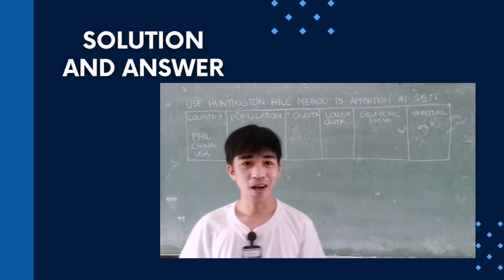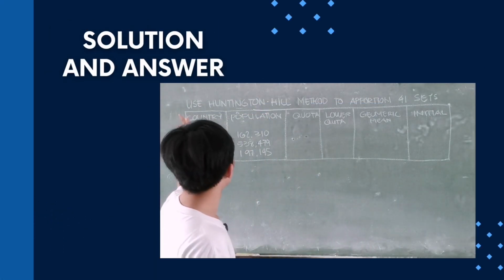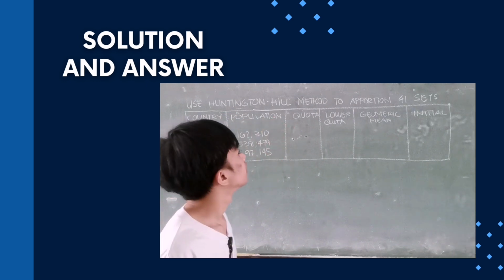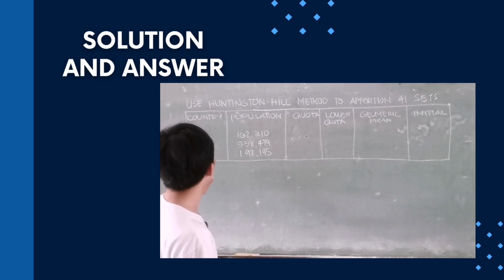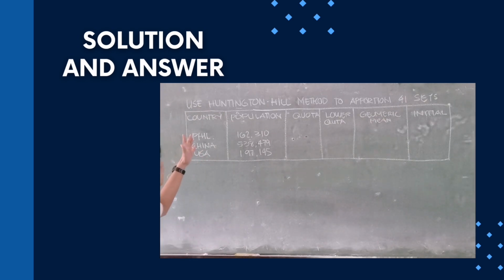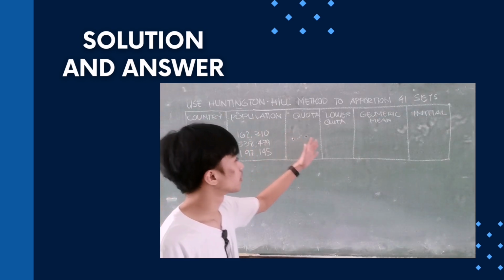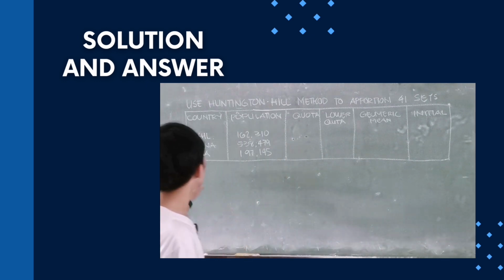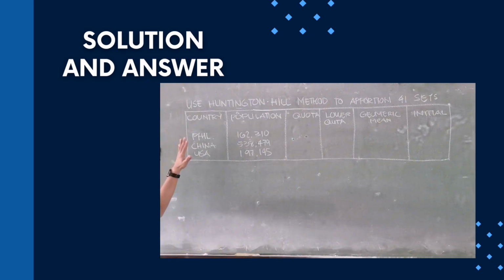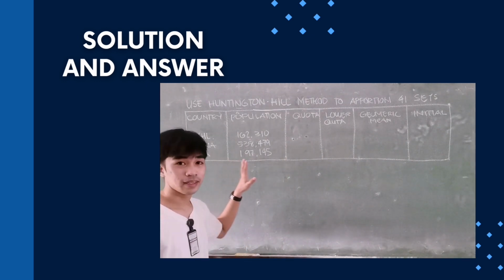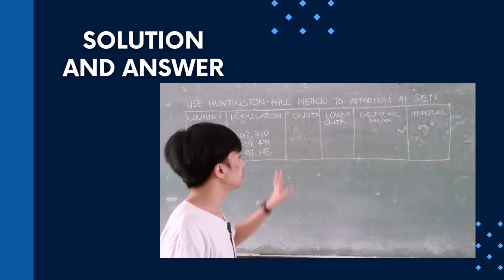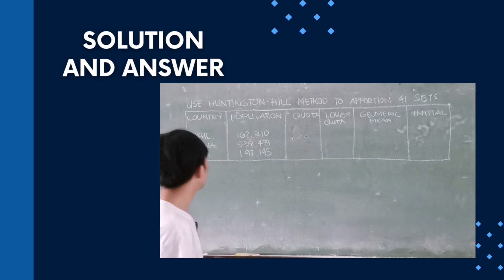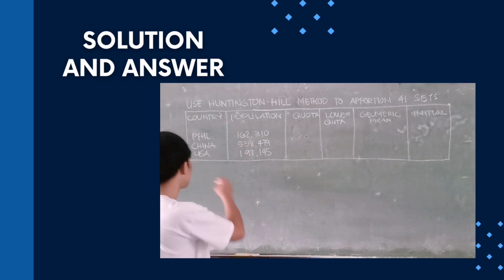So today, we're going to use the method of Huntington-Hill to apportion the 41 seats among each country. So we have the country and its population. The countries here are the Philippines, China, and USA. First we need to sum up the population to find our divisor.